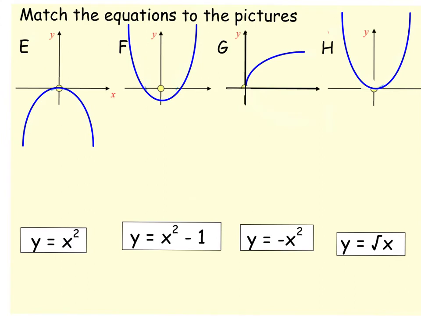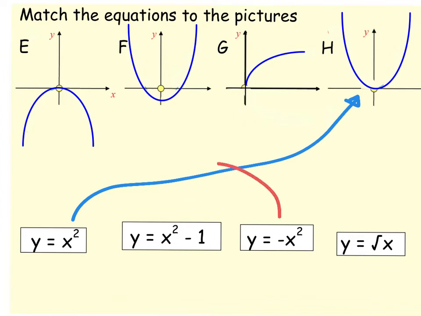Okay, next we're going to look at some quadratic ones. So y equals x squared is the quadratic we always start with, your smiley face shape that goes through the origin. So that is this one over here. Then the next one we do is y equals negative x squared, which is that flipped upside down. So a minus in front we know means it's flipped upside down, from either trig graphs or quadratics.